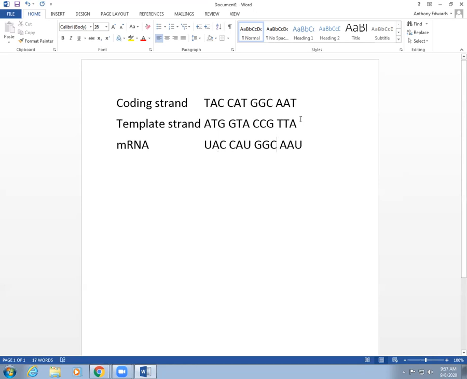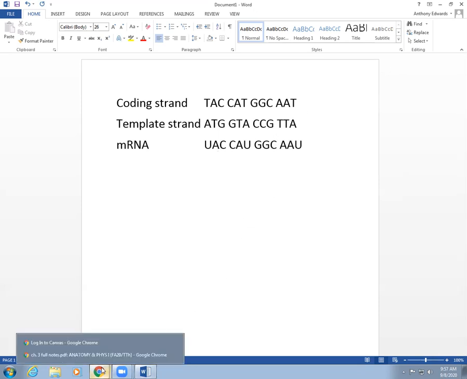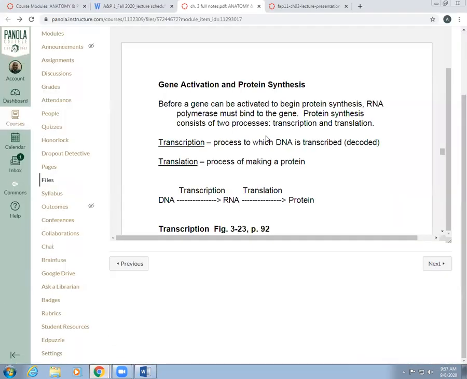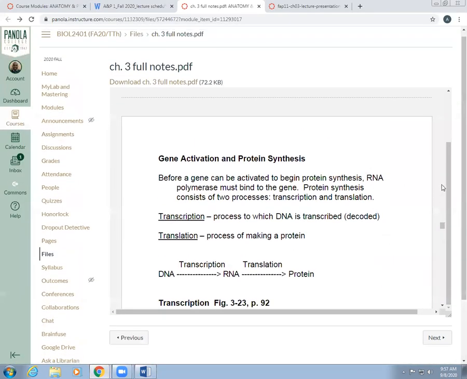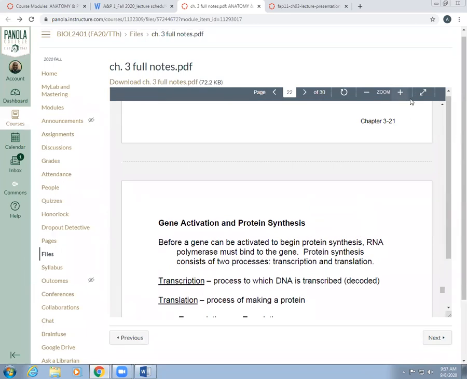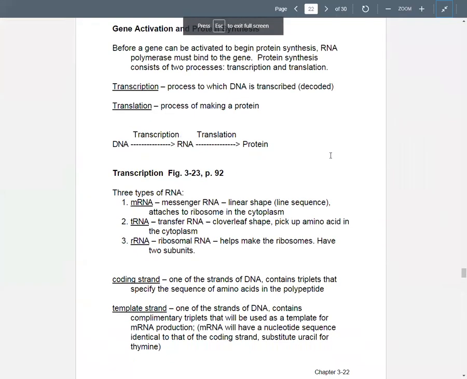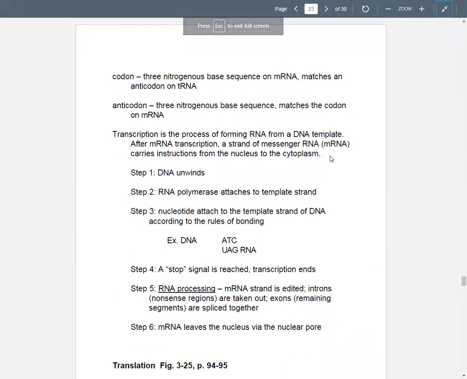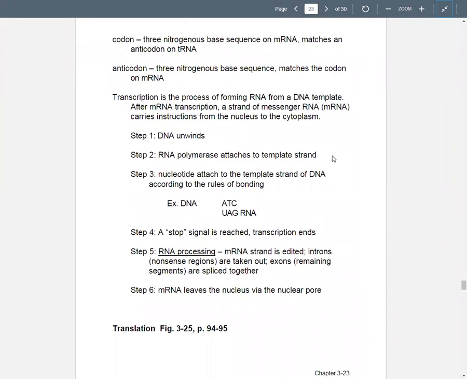All right, so let's go back. Other terms you need to know are codons.